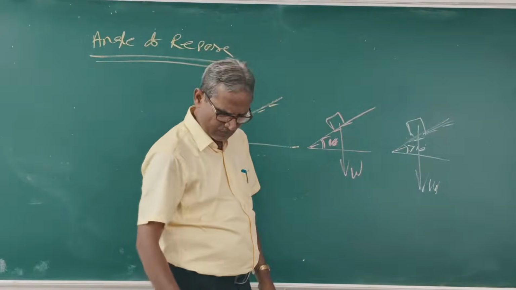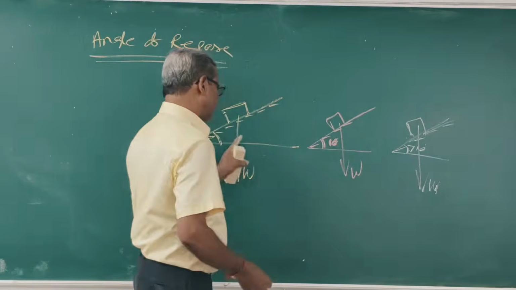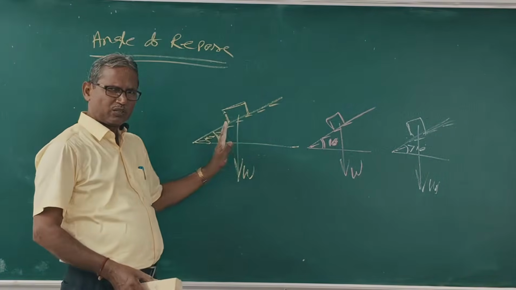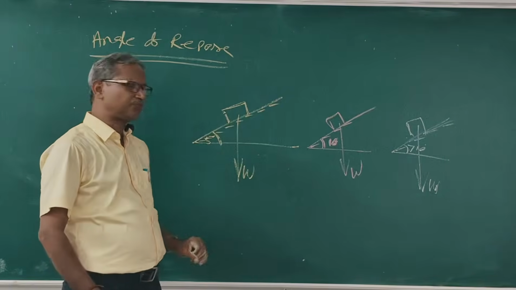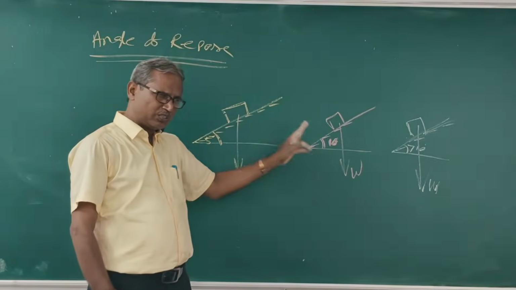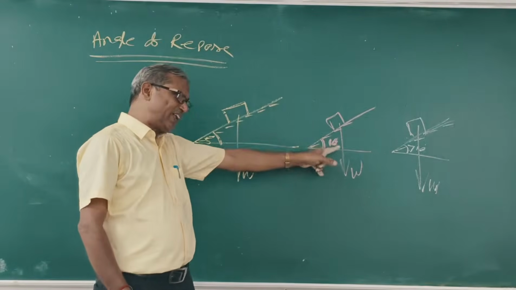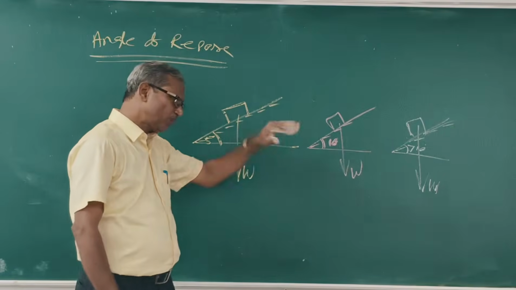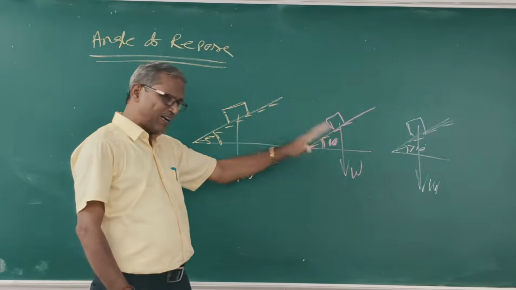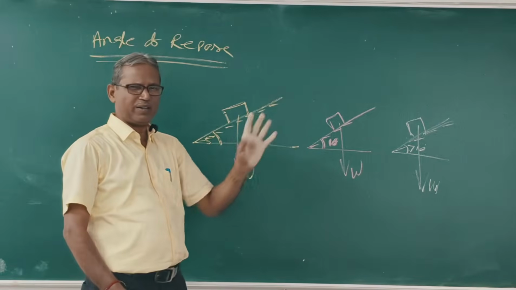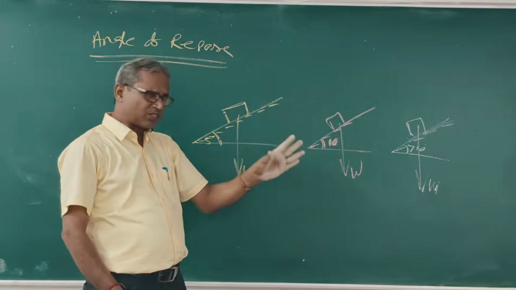When the angle is 5 degrees, the body will not move, so 5 degrees is not the angle of repose. When the angle increases from 5 to 6, 7, 8, 9, 10 degrees, the body still rests. When the angle increases slightly beyond 10 degrees, that is 11 degrees, the body moves downwards.